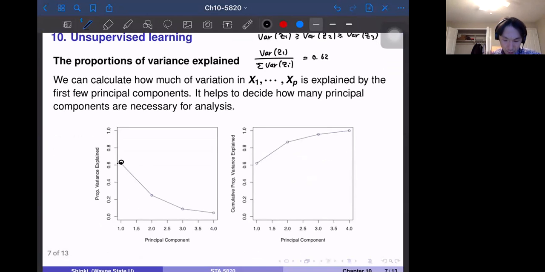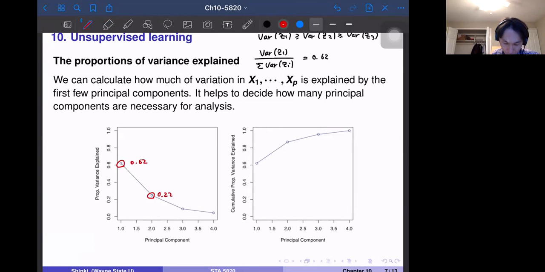Often we measure the efficiency of the principal component analysis by what percentage of the variation is explained by the first few components. In this case, the first component includes 62% of variance, and the second one maybe 0.22 or something.